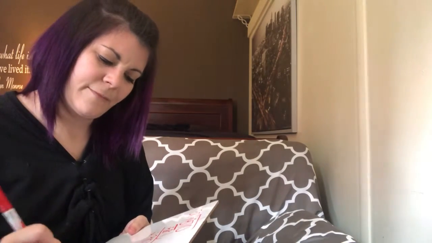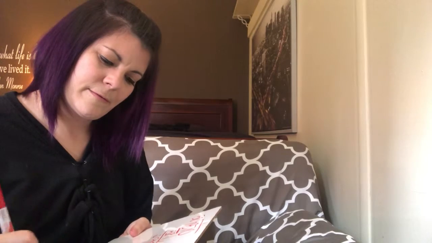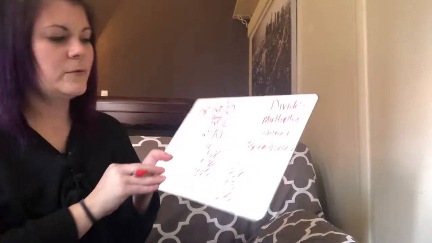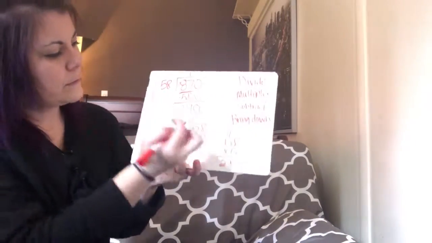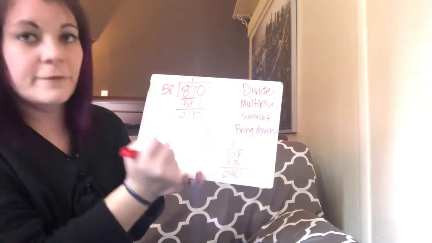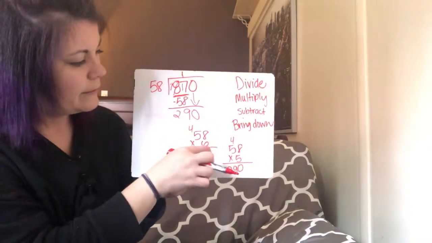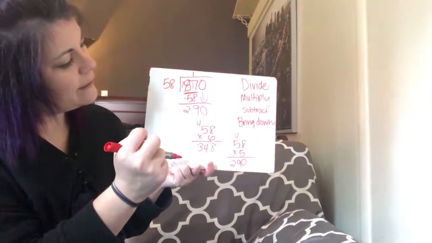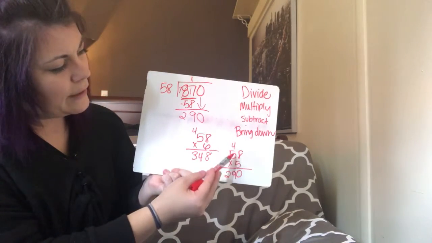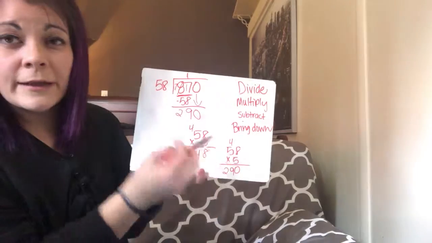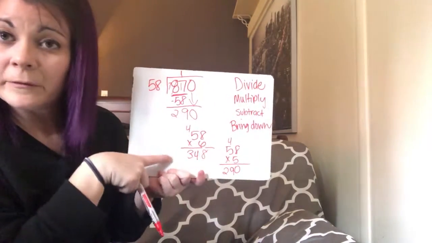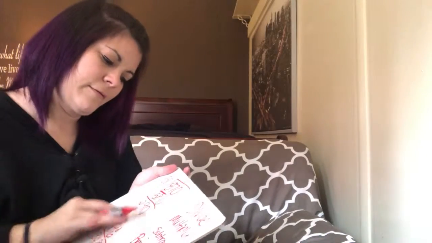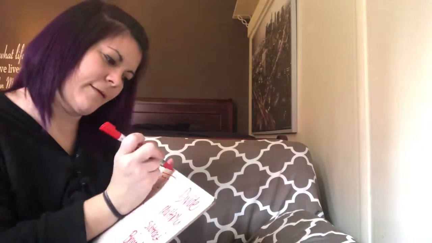Oh, that's not 340, that's 348, sorry. 6 times 8 is 48, 348. Don't make a little mistake like I did. Let's do 58 times 5. 58 times 5 is 290, so it goes in 5 times.